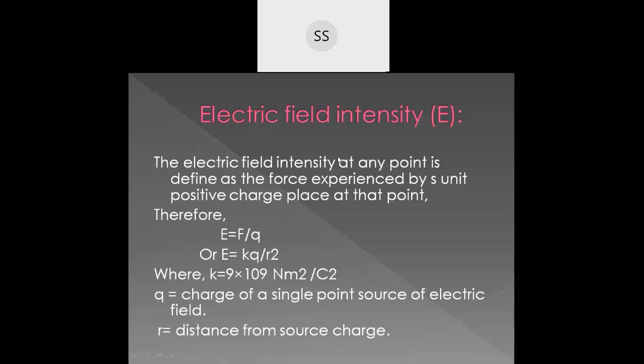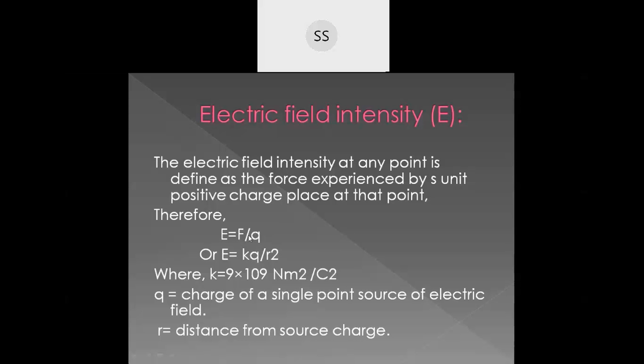So electric field intensity at a point is defined as the force experienced by a unit positive charge placed at that point. Since electric field intensity is the amount of force experienced by a unit positive charge at a given point of the electric field, E equals F by q.